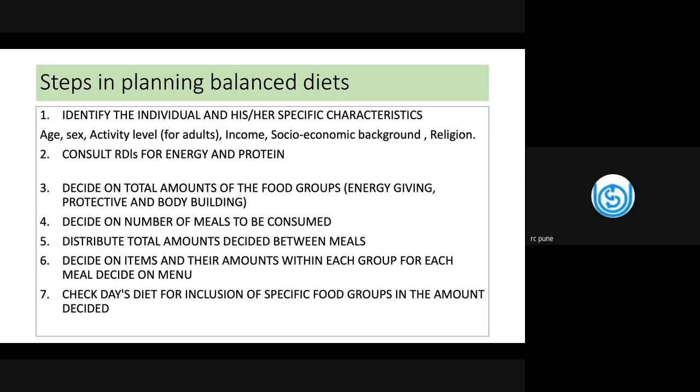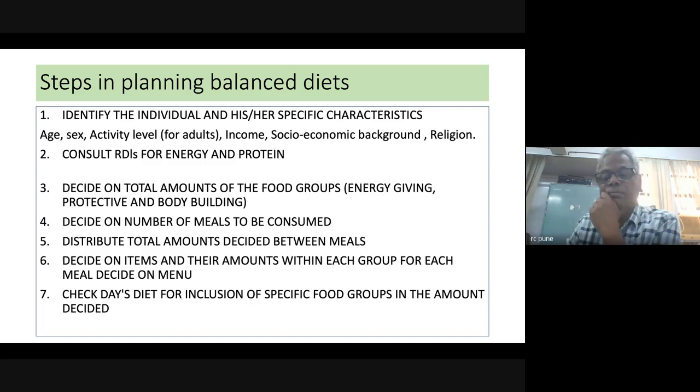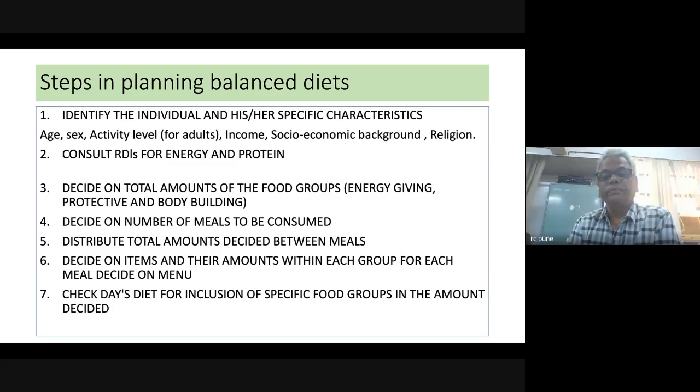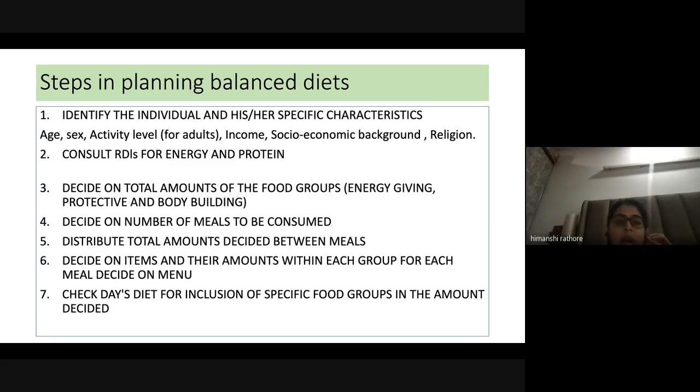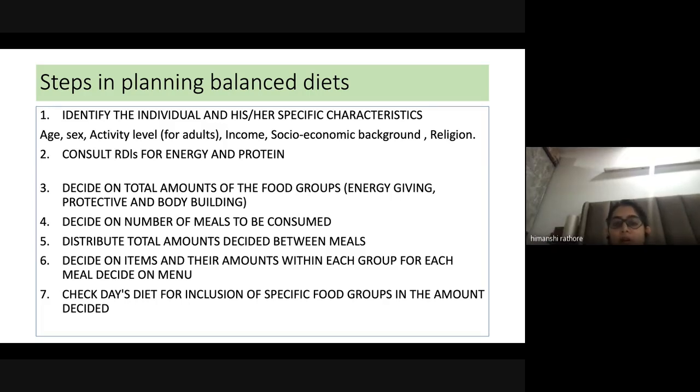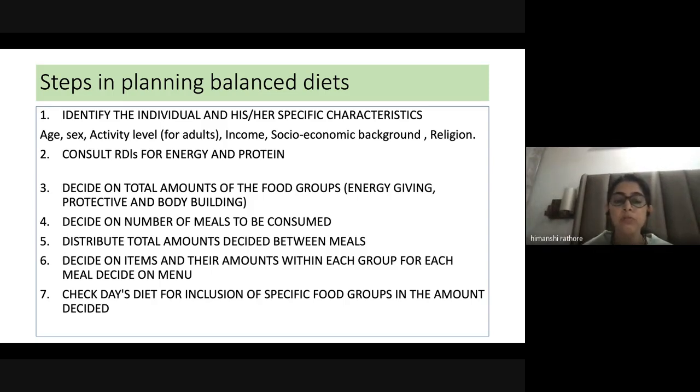First, identify the age, sex, and activity level, then consult about the protein and energy requirement, then decide the food groups, which food you will be choosing from the energy giving, protection giving, and bodybuilding foods, and then finally the number of meals they want, like 3 meals, 2 meals, or 1 meal in a day. So these are the 7 steps you can read from your course material also, and from the slide also. So this is all about today's presentation.